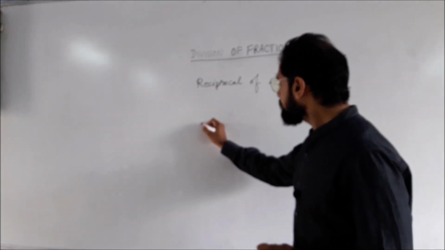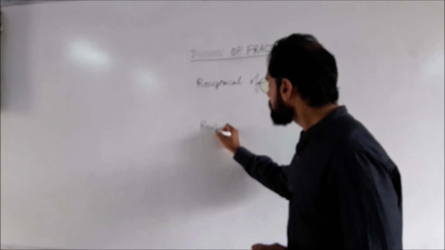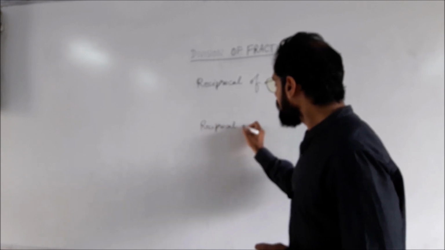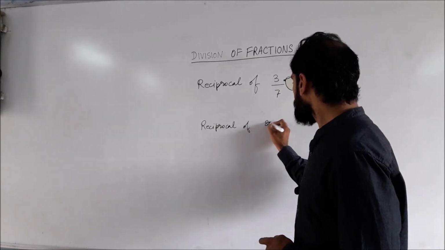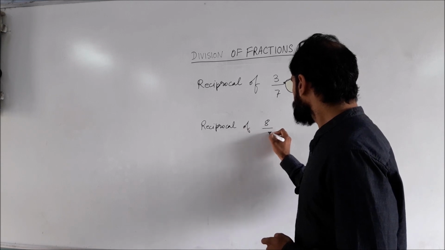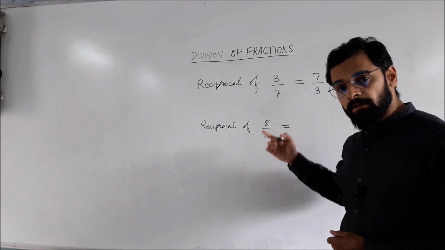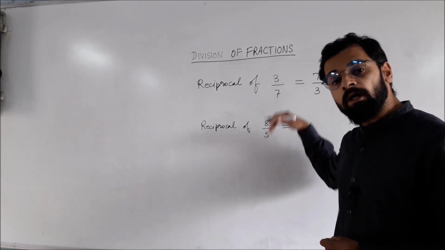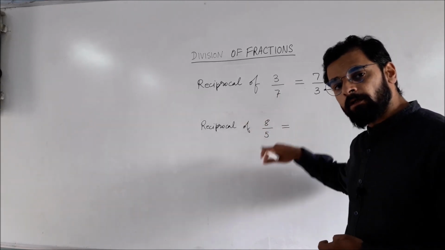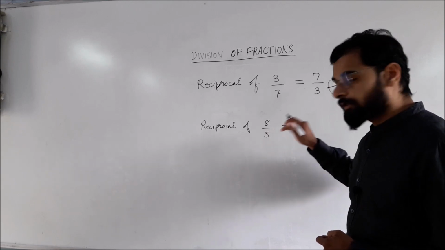In the same way, we can see the reciprocal of this fraction, say 8/5. Again the denominator will go up in the numerator and the numerator will come down in the denominator.